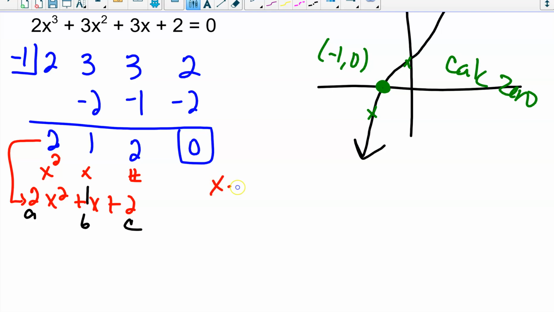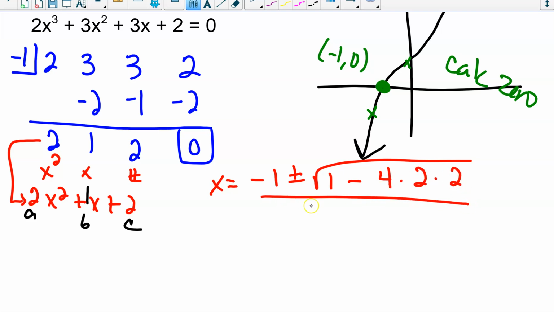So I would have x equals negative b plus or minus the square root of b squared minus 4ac all over 2a. And that ends up to be negative 1 plus or minus the square root of negative 15.